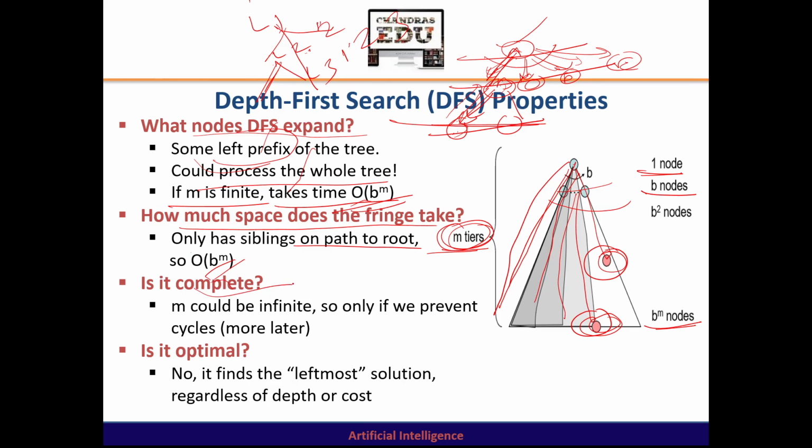Is it complete? The other question is whether we can get the solution or not. So m could be infinite. m, the number of tiers or number of levels, can be infinite. So we can get the solution, but there should not be any cycles.